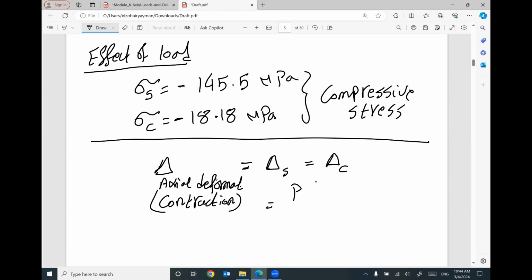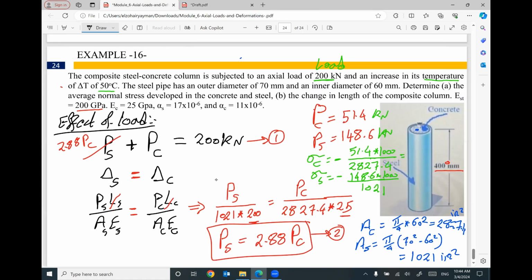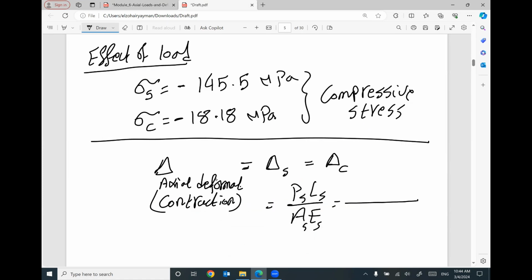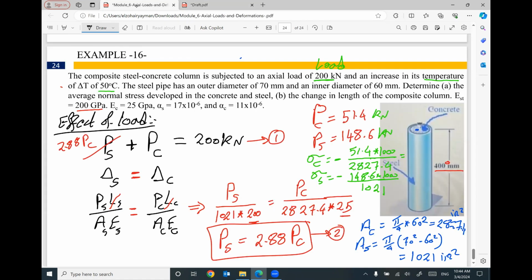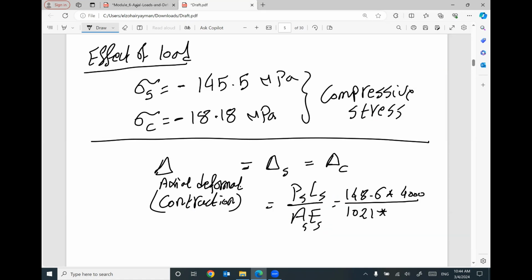So I can say PL divided by AE for steel or for concrete. So the applied load for steel, 148.6. The length, 4,000 millimeter. The area of steel, 1,021. E for steel was 200 gigapascal.